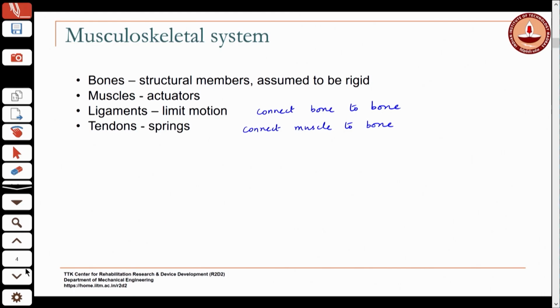So, again we have looked at the three principal planes, the sagittal plane, the frontal plane and the transverse plane, and correspondingly the three axes. The axis perpendicular to the sagittal plane is your ML axis, the axis perpendicular to your frontal plane is the AP axis, and the axis perpendicular to the transverse plane is your longitudinal axis.